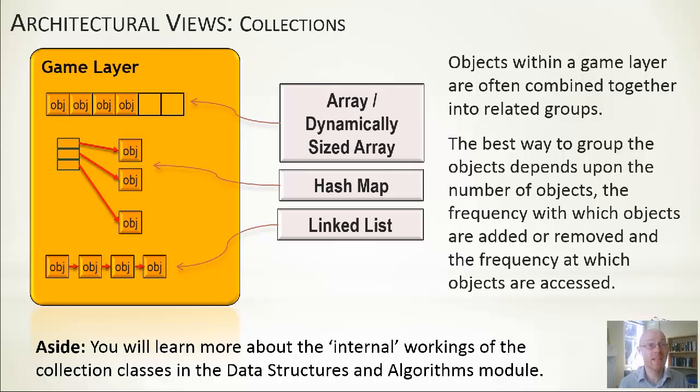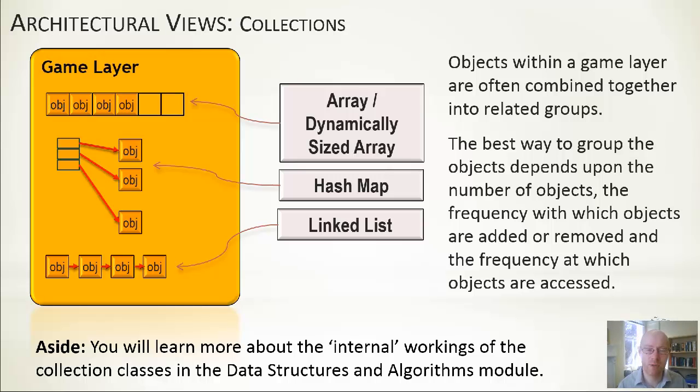So depending upon the need, if you have something that is a fixed size, you're not going to be adding or removing things to it, and it's important you can quite quickly jump to a specific one, then one data structure, something like an array, is going to be a better one than another one where you think, I'm going to be moving things and adding things very frequently. I'm not going to be doing random access. I'm only ever going to be accessing from the front to the end, or something like a linked list, maybe a more appropriate structure.